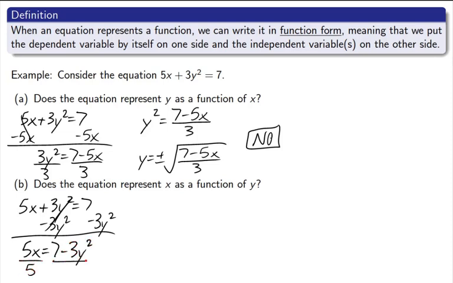Divide by 5, and you get that x is equal to (7 minus 3y squared) over 5. Now in this case, plugging in a value of y is just going to give you one value of x. So yes, this is a function. So x is a function of y here, but y is not a function of x.